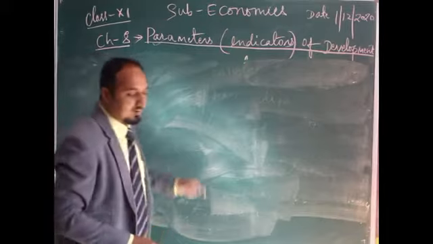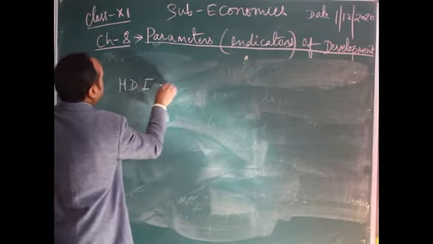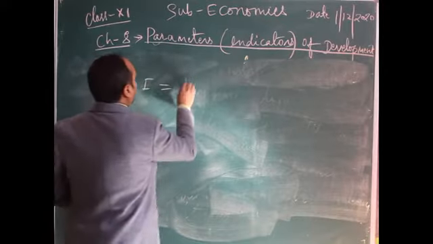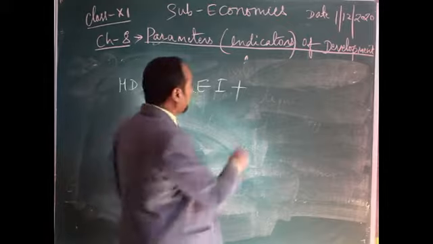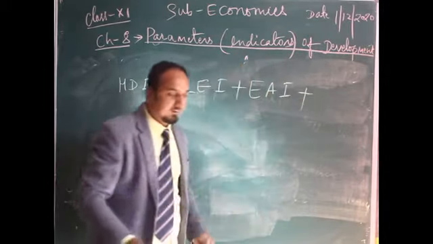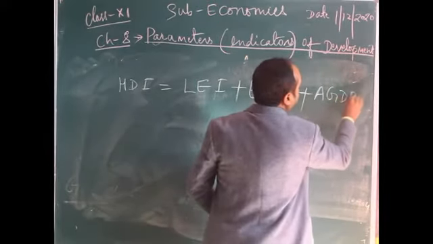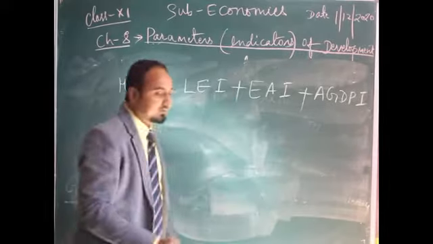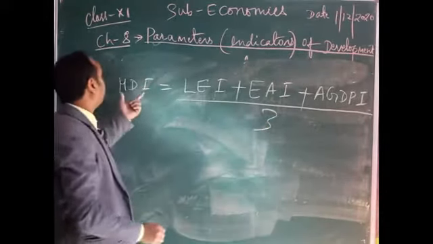As I said, number one, life expectancy. HDI equals life expectancy index plus educational attainment index plus ADGDPI index, divided by 3.